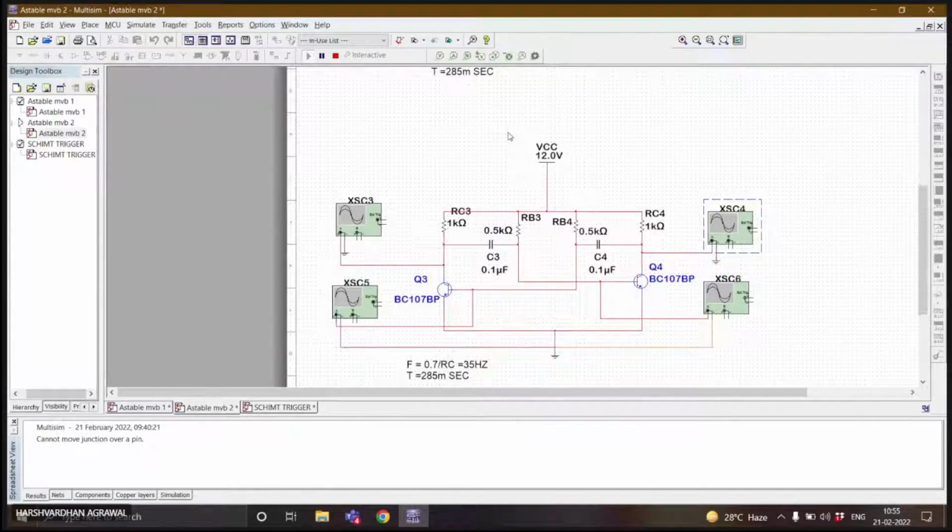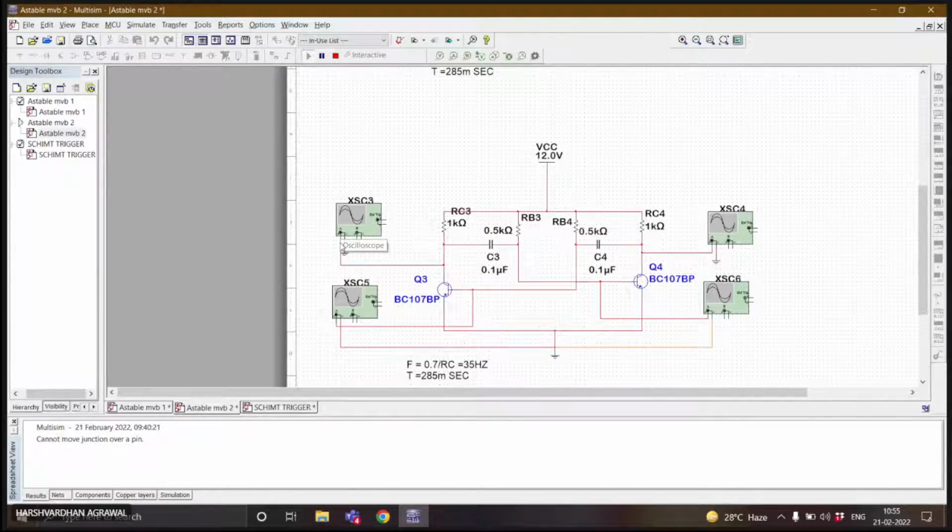Are you connecting the CRO appropriately? Yes, ma'am. At the collector terminal of Q4 here, I kept my positive output, and I have grounded my negative terminal. Here also it's the same, ma'am.